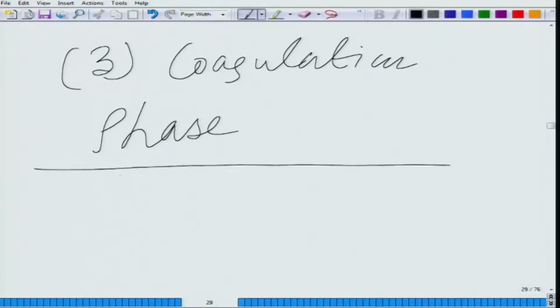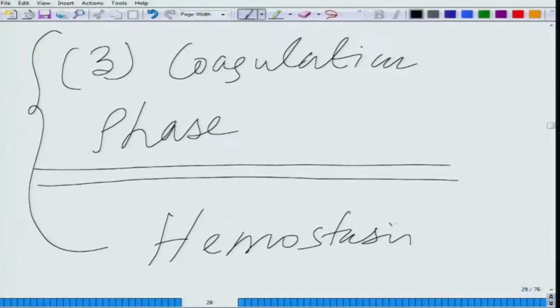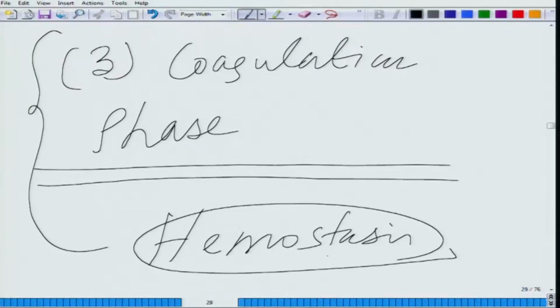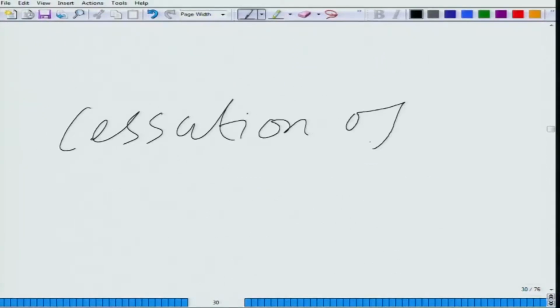These are the 3 phases which are involved in the whole process of hemostasis. So, this whole process is called hemostasis. Essentially, hemostasis means cessation of bleeding.